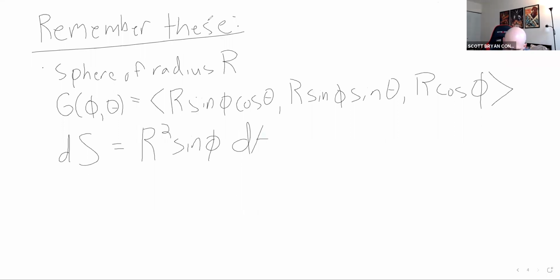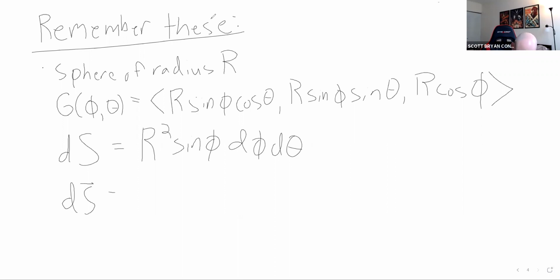Let me just write it like that, actually. Remember, R is going to be given to you in the problem, so you should not see a capital R in there. But think rho squared sine phi when we switch to spherical. You're going to get the radius squared sine phi dA, which is d phi d theta.